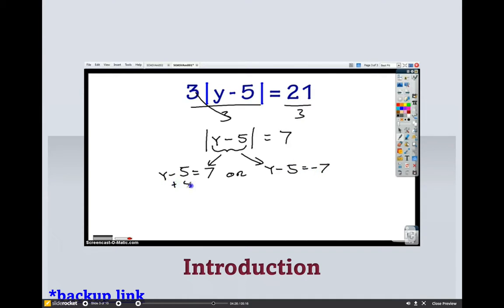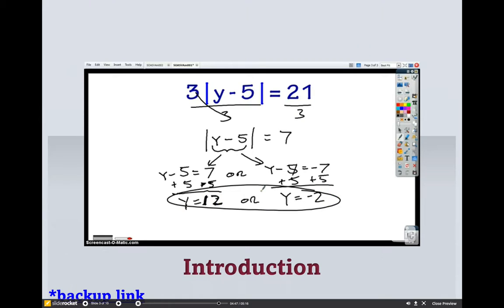Now I solve each of these. y equals 12. Over here, y equals negative 2. So I get positive 12 or negative 2.